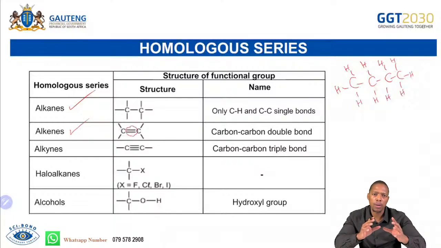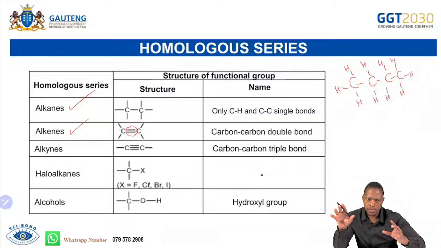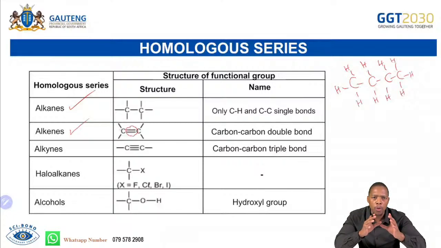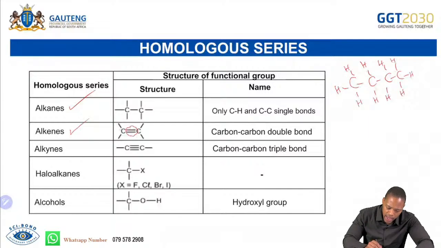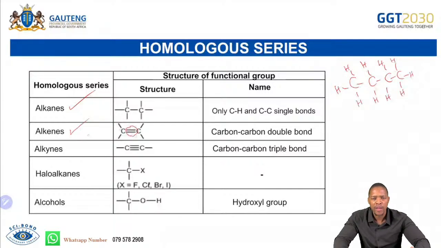It doesn't have to be a double bond between all carbon atoms; it could be at least one double bond, and that double bond must be between carbon atoms. So it must be a carbon-carbon double bond. Immediately I see that, I know that the compound belongs to alkenes.